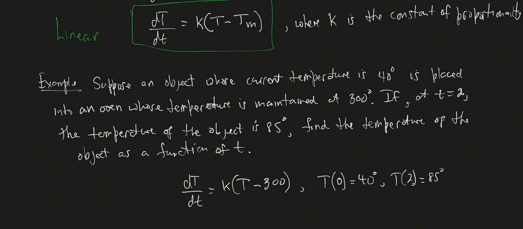So there we have two conditions. Why are we going to need two conditions? Well, we have a constant of proportionality that we're going to have to solve for, plus once we solve the first order differential equation, we're going to get another constant, a constant of integration. So we're going to need these two bits of information to solve for k and c.